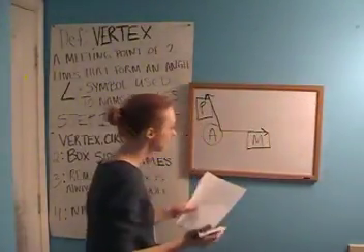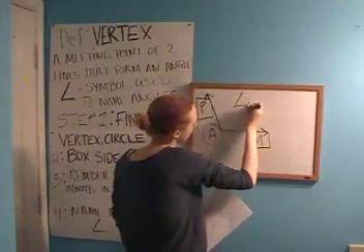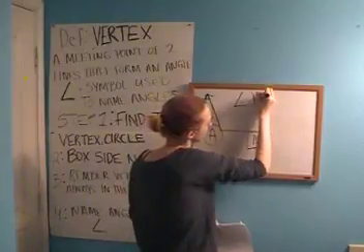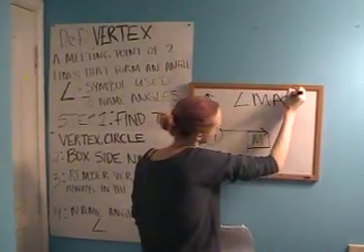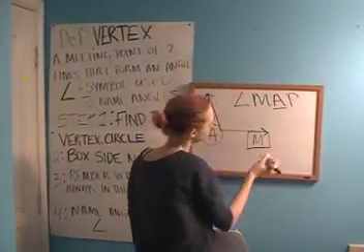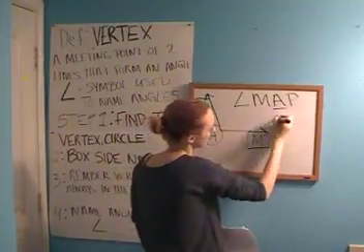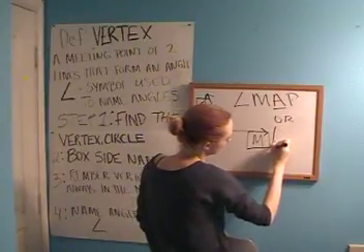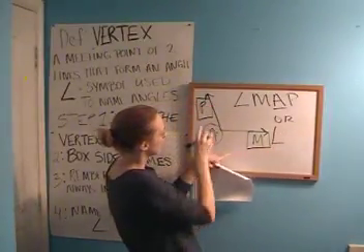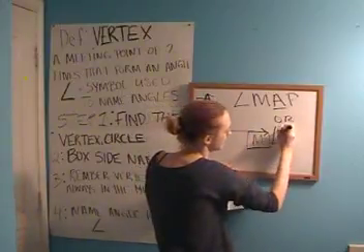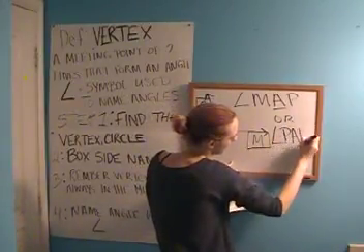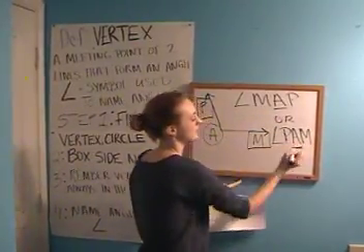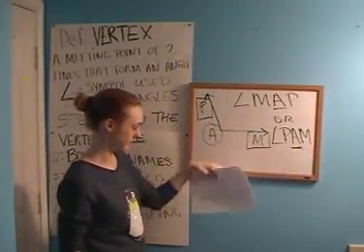So for this one, it can either be angle MAP, as long as the vertex is in the middle, or it could be angle PAM. Again, both of these are correct as long as the vertex is in the middle.